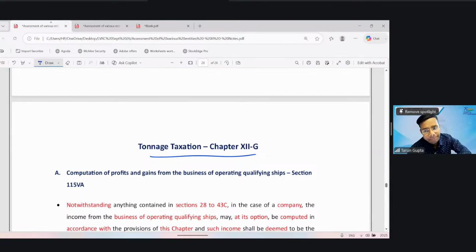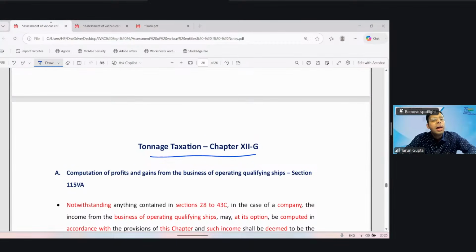This is the tax liability. But in case of shipping, there is an inherent problem in this sector. The freight keeps on changing. They are also very heavily capital intensive. So to promote this sector, the government brought this scheme, tonnage taxation.